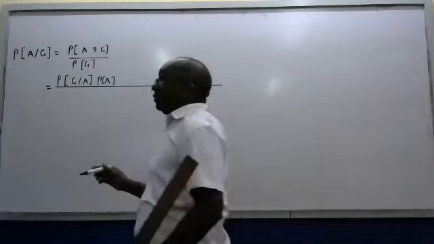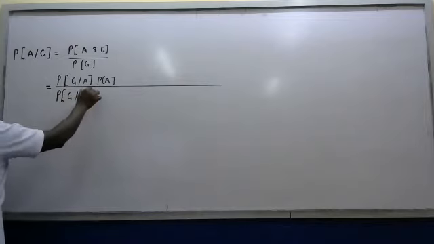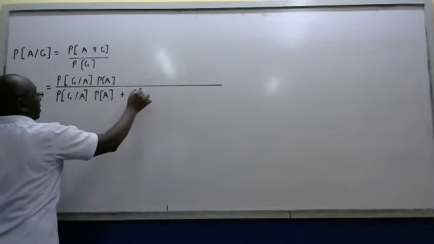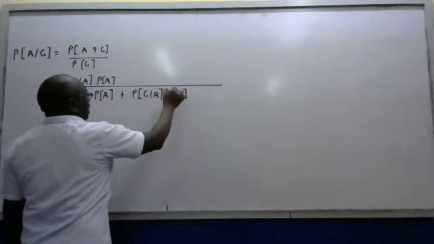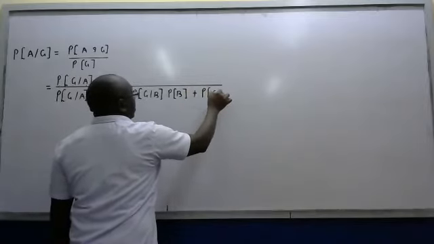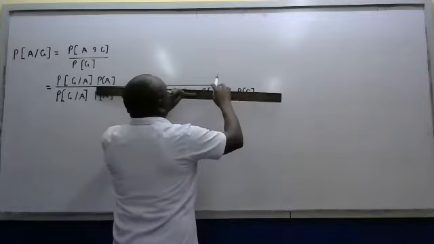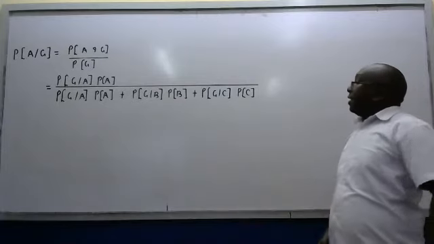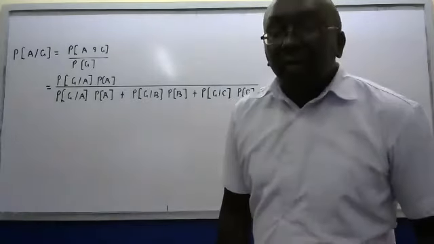So we are going to argue this way: probability of getting gold in A multiplied by probability of getting bag A, plus probability of getting gold in B times probability of getting bag B, plus probability of getting gold in C multiplied by probability of getting bag C. So you see the denominator captures the three bags, A, B, C.